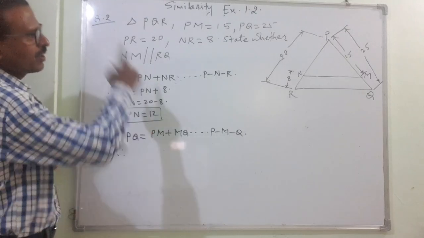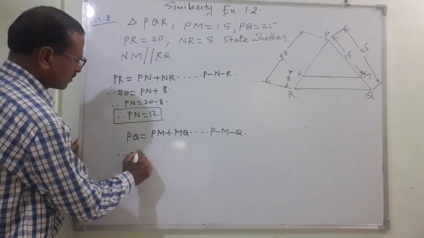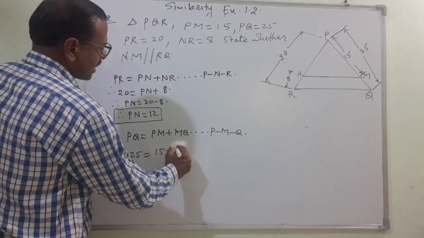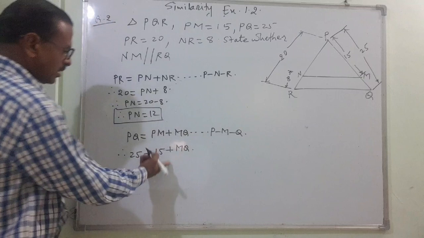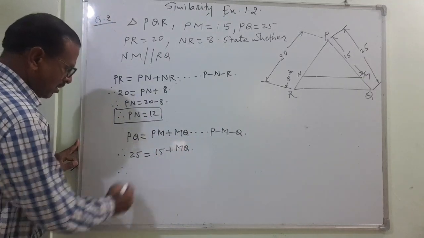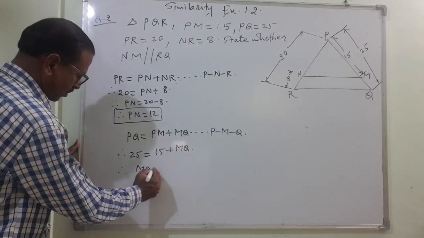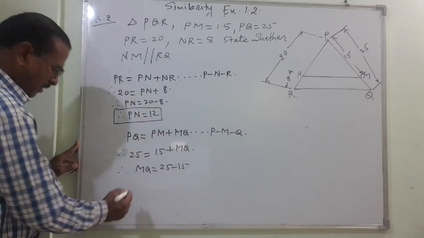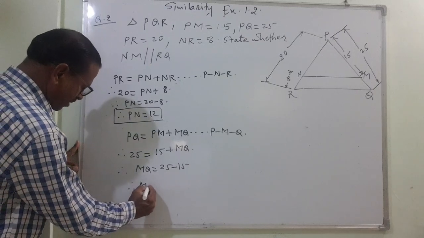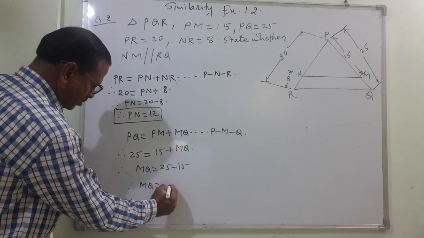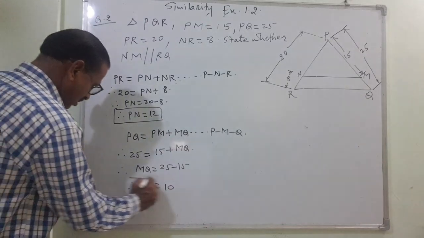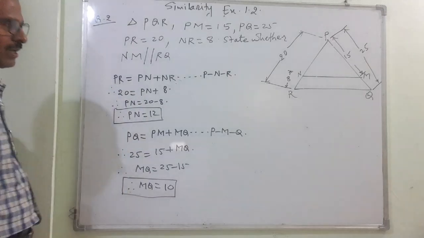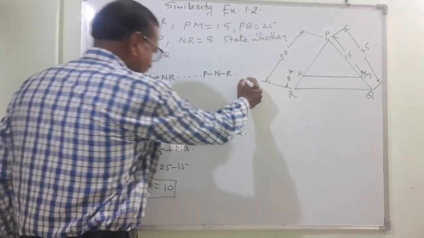Therefore, PQ is 25, equal to PM, which is 15, plus MQ, which I don't know. This will come here. Therefore, MQ is equal to 25 minus 15. Therefore, MQ is equal to 10. This also I have got, and the examiner wants to check it. That's why I have put the bracket to it.